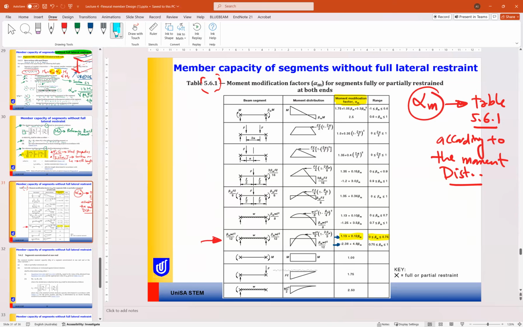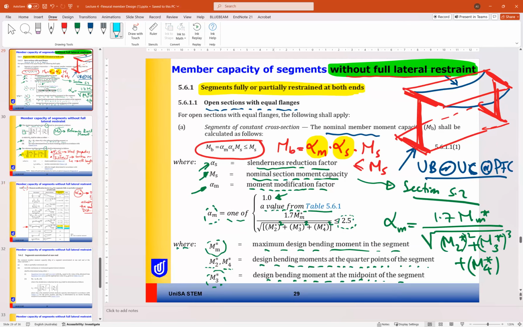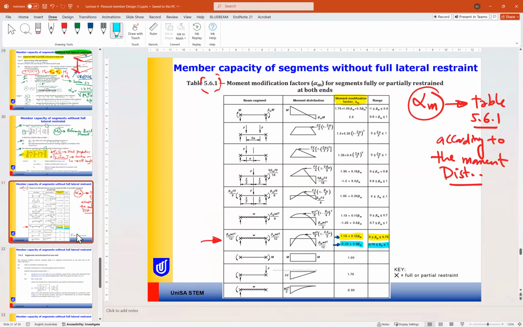The other value is negative 0.238 plus 4.8 beta m if beta m is between 0.75 and 1. So according to the moment distribution, we can come to this table to find the factor alpha m. So alpha m can be three values: one value from the table, or using this formula. The moment distribution will decide which value to take for alpha m.